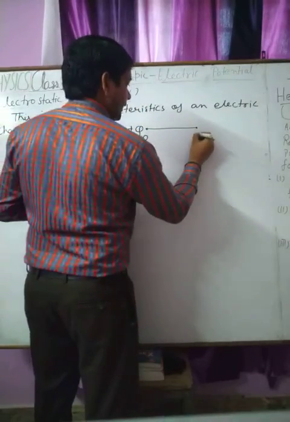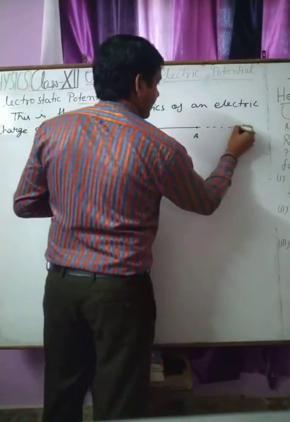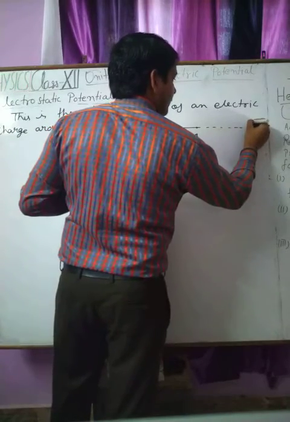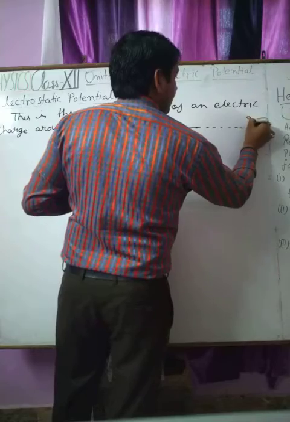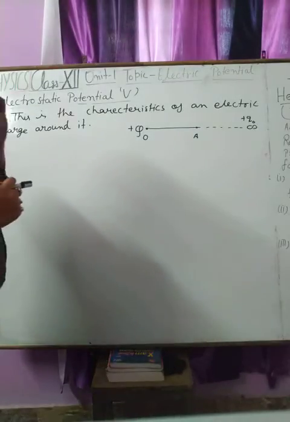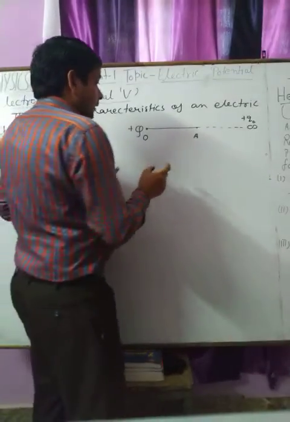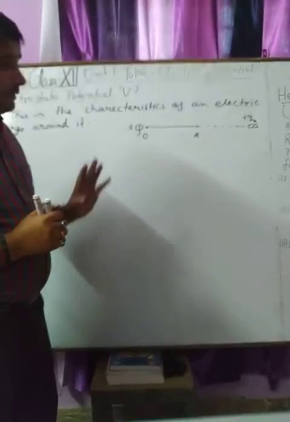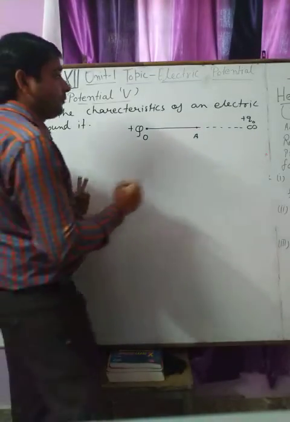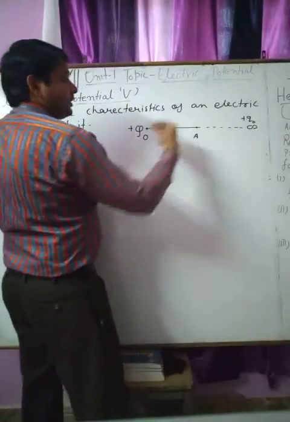and this is a point A, and at infinity a test charge Q naught is placed. Now the electrostatic potential around this charge is understood in this way.